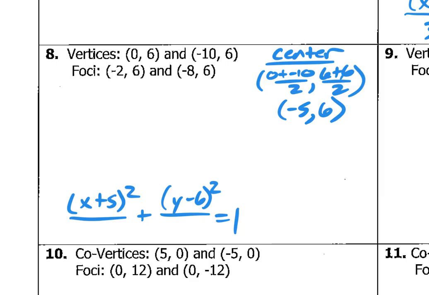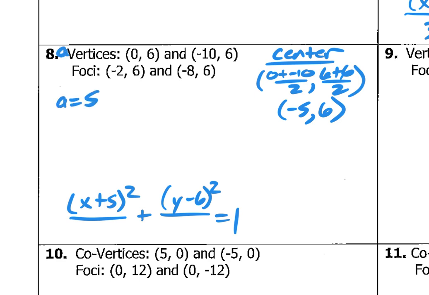Okay, we're always moving from the center to these. One of the numbers should be exactly the same, okay? In this case, the y value is the same, so I'm not moving the y value at all. The x value is the one that's moving, to get from -5 to 0, and from -5 to -10. So we're going to move right 5, we're going to move left 5. So my a value is 5.